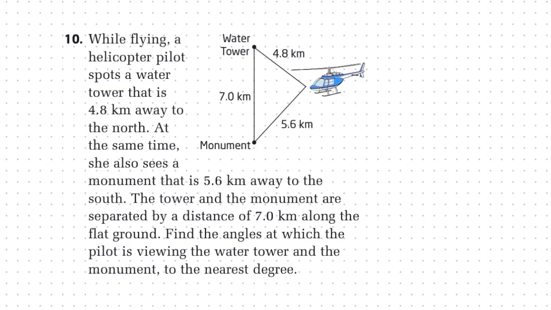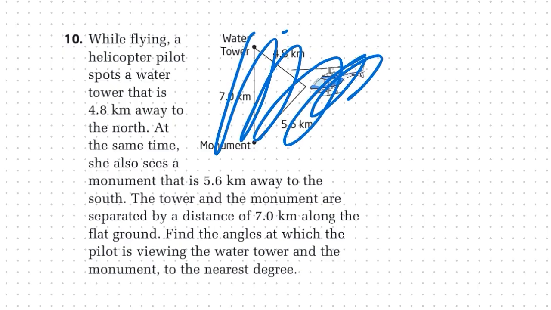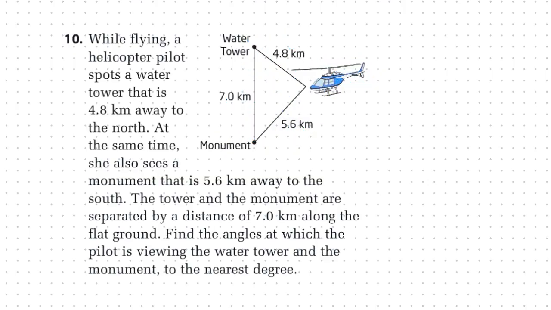The question would have been difficult if they didn't give us this diagram. But just read the question and verify if the diagram is correct. The helicopter is flying, below it spots a water tower that is 4.8 kilometers away to the north, in this direction.